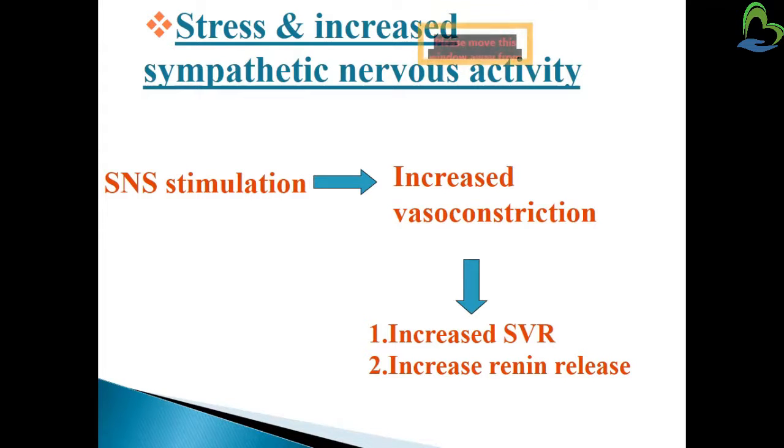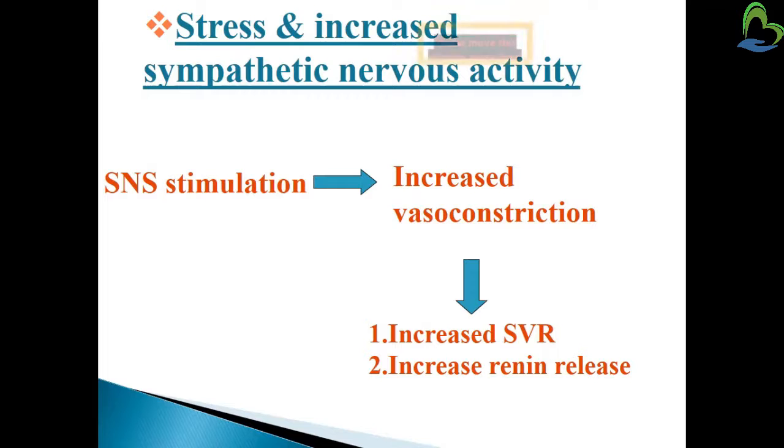So here, as soon as stress increases, sympathetic nervous system activity will increase, and that will lead toward vasoconstriction. If vasoconstriction is there, blood vessels will constrict, so the normal diameter will become lesser, and the blood will exert pressure, trying to cope up to supply to the system. That is why there is an increase in systemic volume resistance.